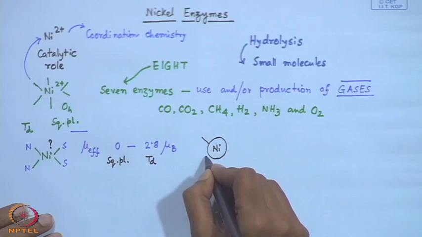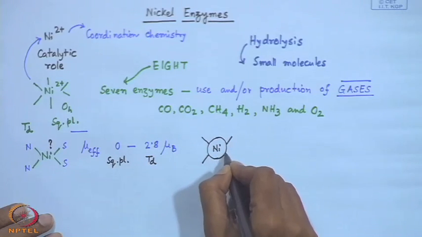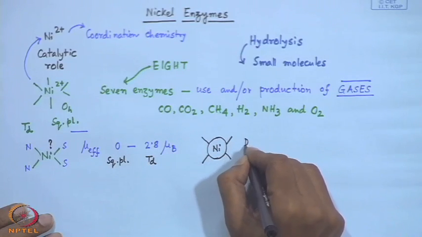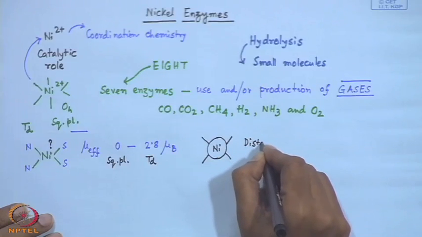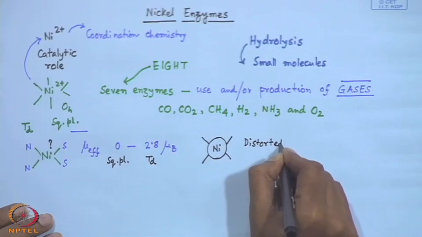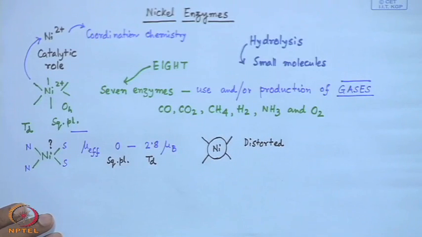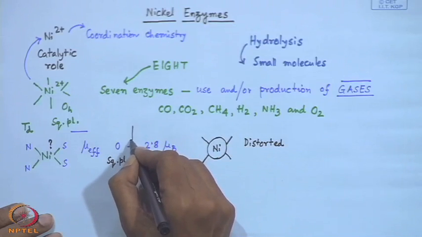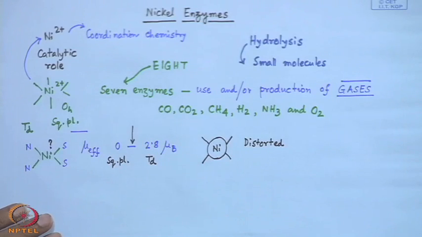So, we have a distorted environment, and we get a magnetic moment somewhere in between.